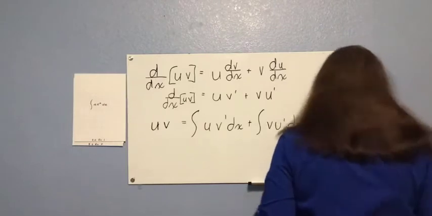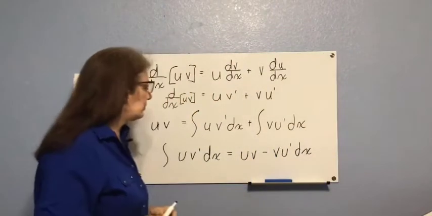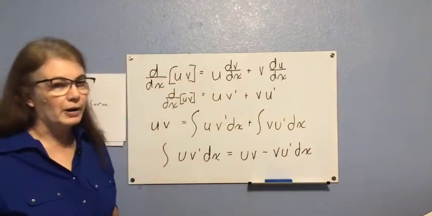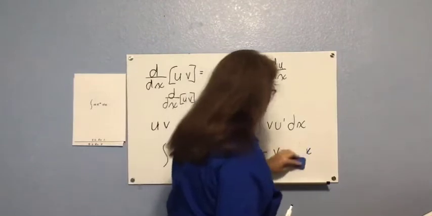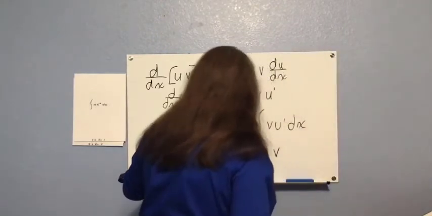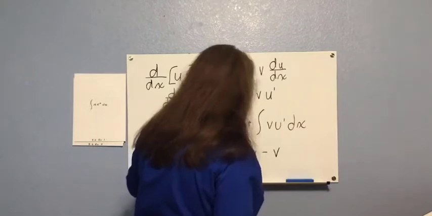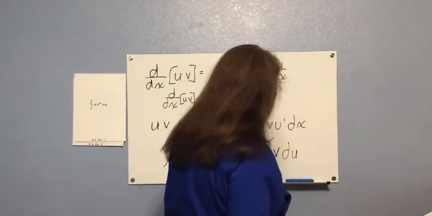Okay, if we rearrange a little bit, and the way we usually write the integration by parts equation, we take out the dx part and say the integral of u dv equals uv minus the integral of v du.